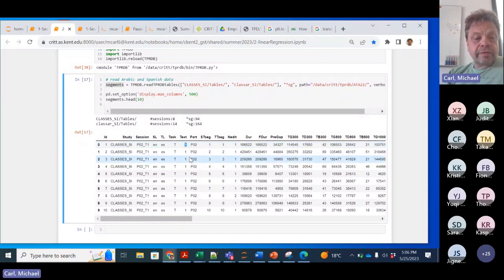So we have, I think, 4 different texts. This experiment consisted of 4 different texts. This is all sessions from text 1, and there should then be text number 1 to 4, or whatever number of different texts we have. So this is the participant. This is basically a decomposition of the session name.